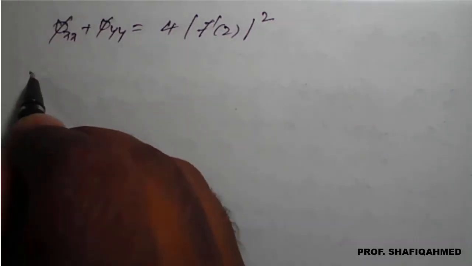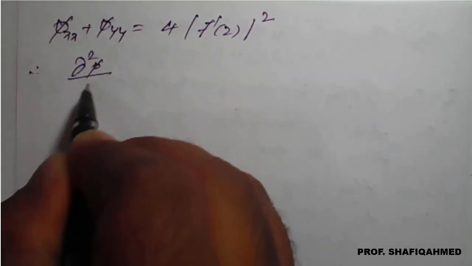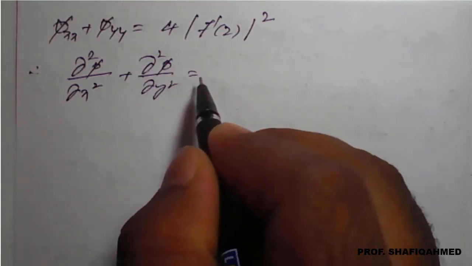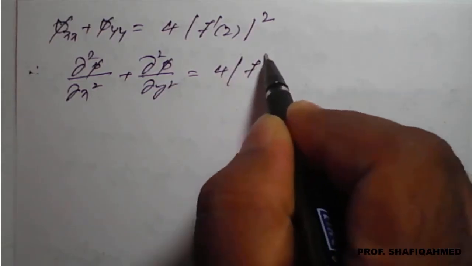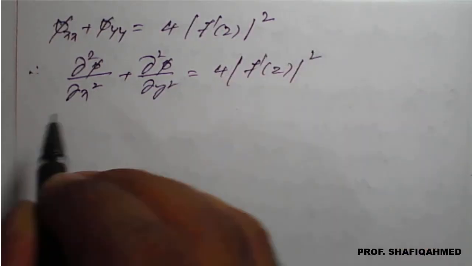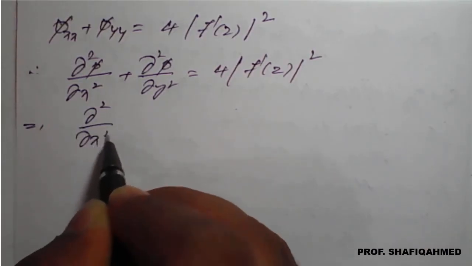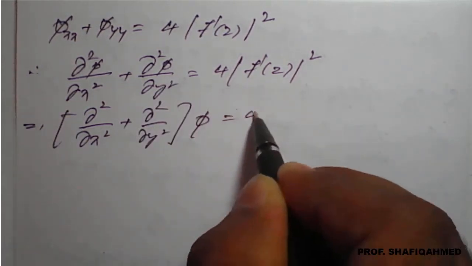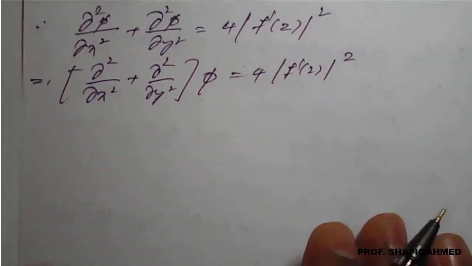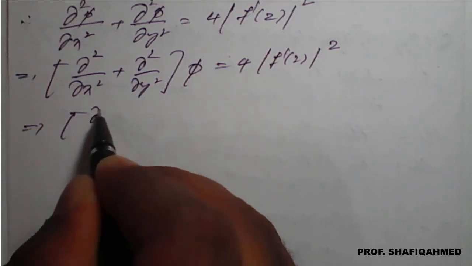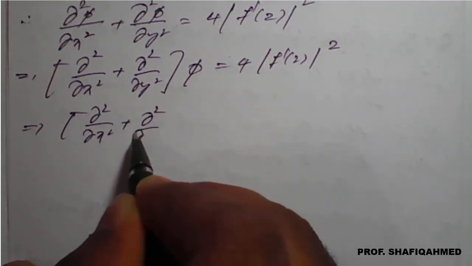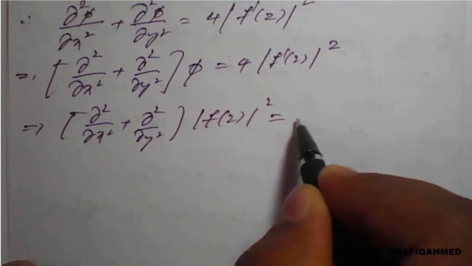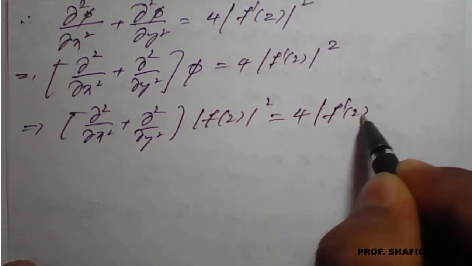So therefore I can say that dou square phi upon dou x square plus dou square phi upon dou y square is nothing but 4 times modulus of f dash of z whole square, which implies dou square upon dou x square plus dou square upon dou y square of phi, I have taken phi common, is 4 times f dash of z whole square, which implies dou square upon dou x square plus dou square upon dou y square of modulus of f of z whole square, since phi is nothing but modulus of f of z whole square, is equal to 4 times f dash of z whole square.